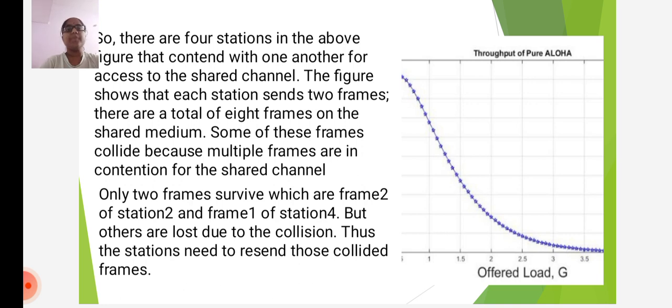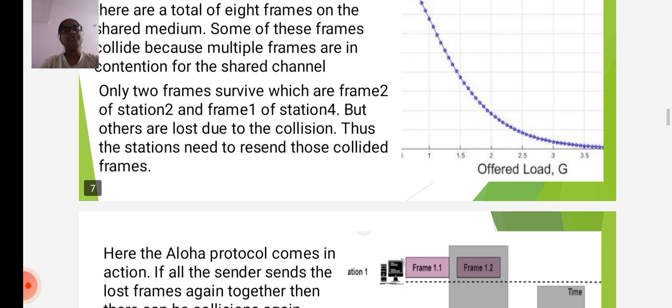Some of these frames collide because multiple frames are in contention for the shared channel. Only two frames survive, which are frame 2 of station 2 and frame 1 of station 4, but the others are lost due to the collision. Thus, the stations need to resend those collided frames. So, it's a graphical representation of the output of pure ALOHA.